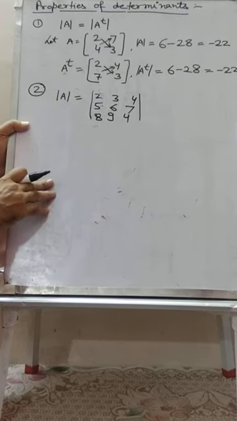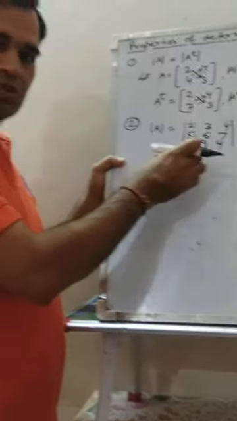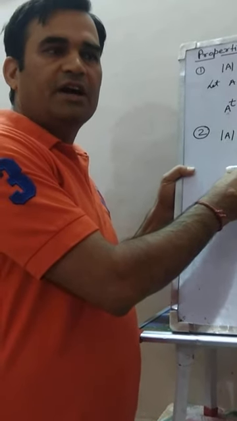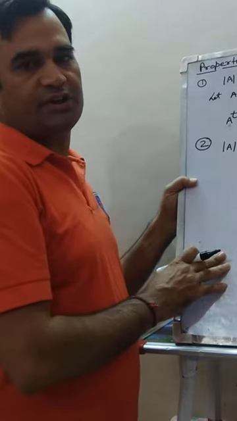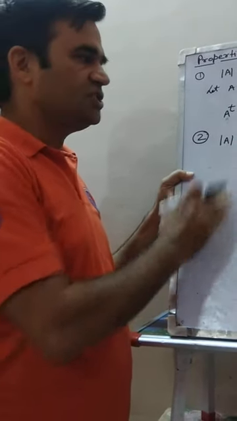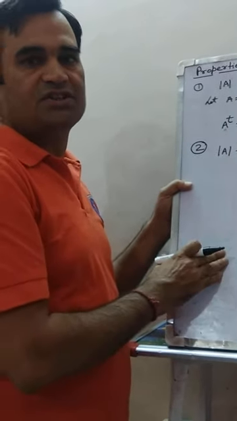If we interchange any two rows or two columns, its numerical value will be the same, only a negative sign will be introduced. So after interchanging any two rows or columns, the sign of the determinant changes.